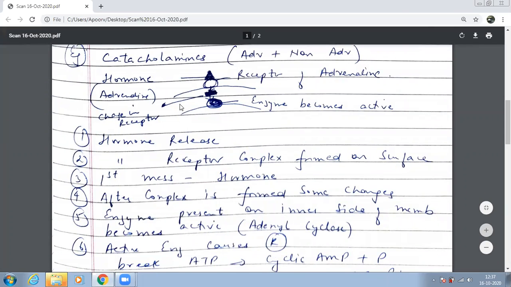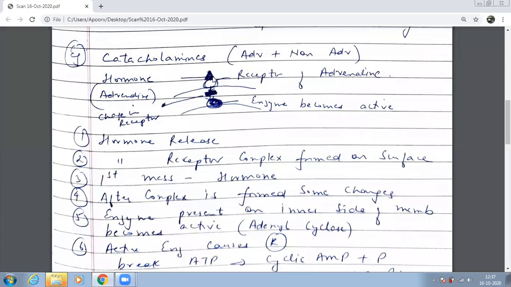If you can identify, these two circular lines were the membranes, if you remember. What was this complex? Receptor hormone complex. Very good. Now, this is your receptor of adrenaline. I'm specifying the hormone now. I'm talking about which hormone?